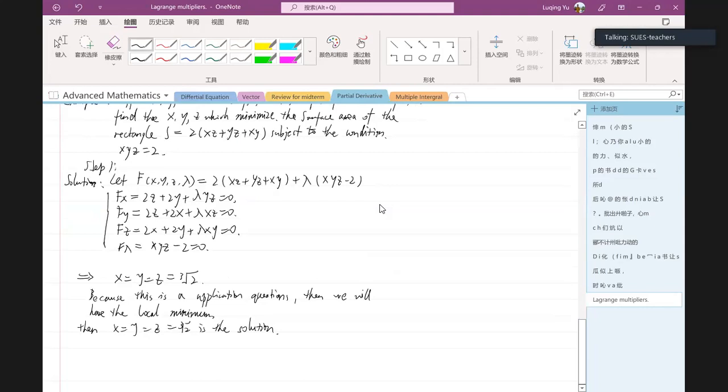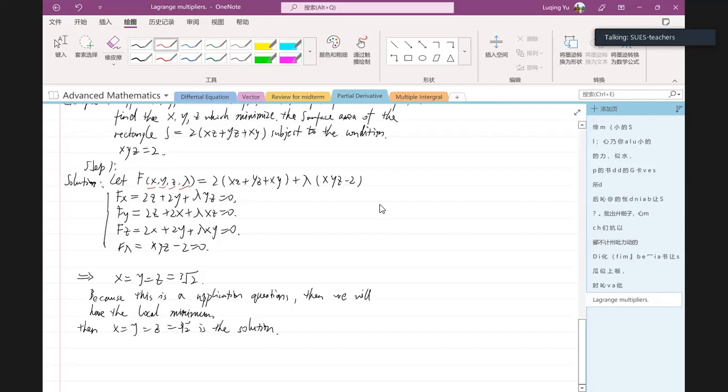So we're taking the partial derivatives with respect to x, y, z, and lambda, each independent variable. Then you set these first order conditions equal to 0, and you should find the critical point.